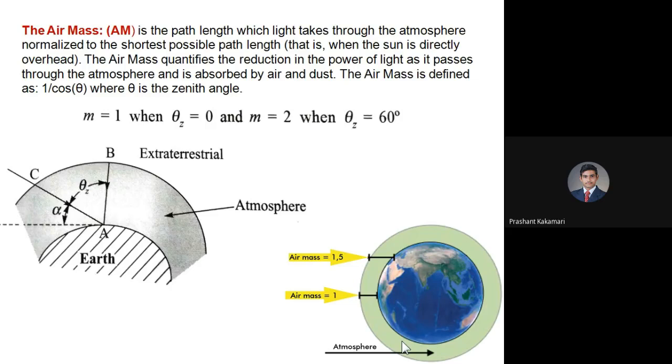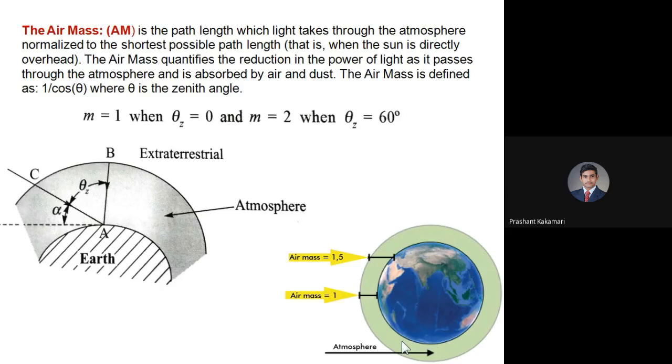Why? Because once the solar radiation enters the earth's atmosphere, it is absorbed by different pollutants, dust or water molecules, clouds, or scattering may be possible. Due to this, the radiation available at point A on the earth's surface will be very small.